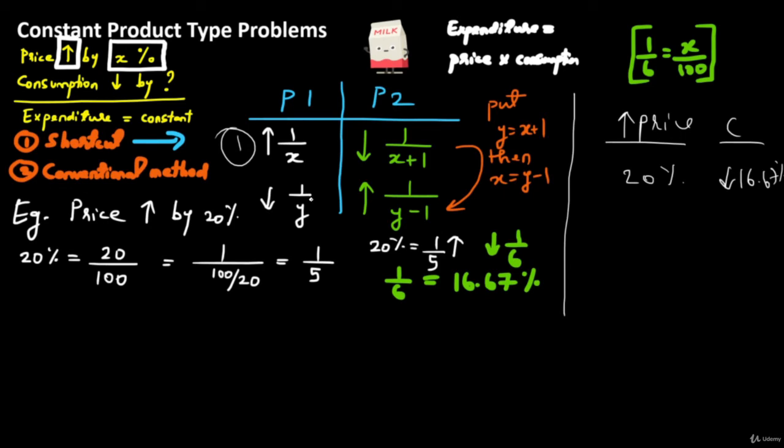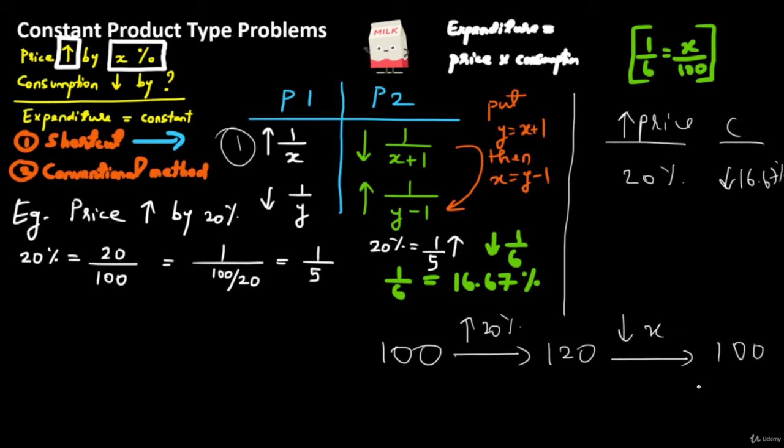You could also take an example and find the same thing. For example, assume that the expenditure was 100, right? So the constant product is 100. Now 100, if you increase it by 20%, that's 120, right? Now by how much should you reduce this so that you get back to 100?